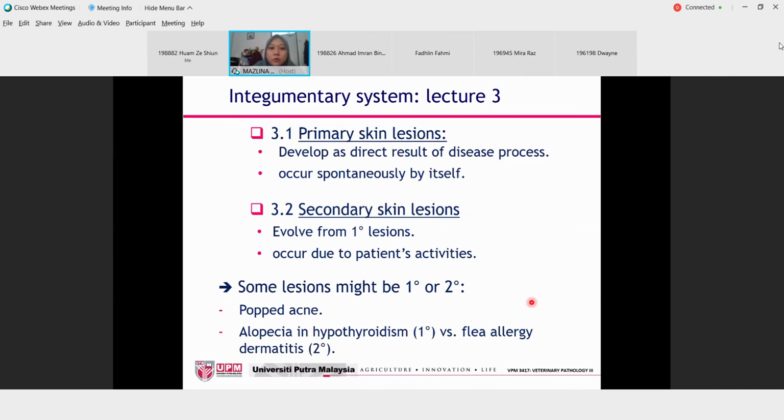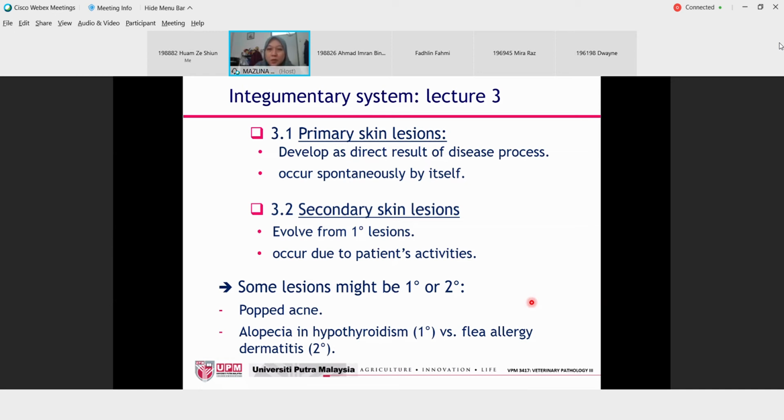Okay, so first of all, you need to know what a primary skin lesion is all about and what the definition of a secondary skin lesion is. A primary skin lesion is a skin lesion that develops as a direct result of a disease process. It can occur spontaneously by itself.